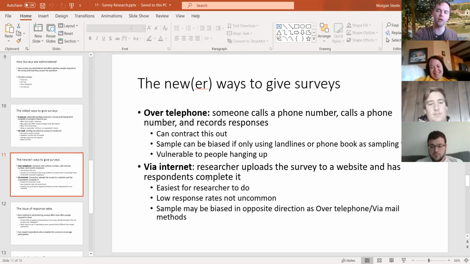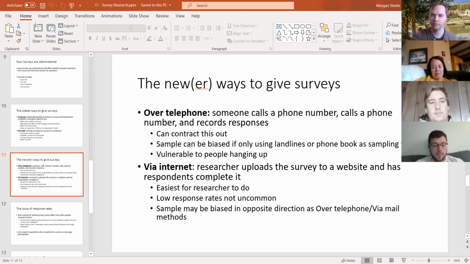So we are more likely to complete an online survey than our parents and grandparents. So our views, our responses may only represent the younger generations when it's conducted over the internet compared to mail or telephone. Making sense?